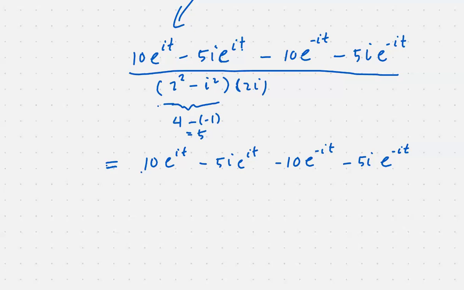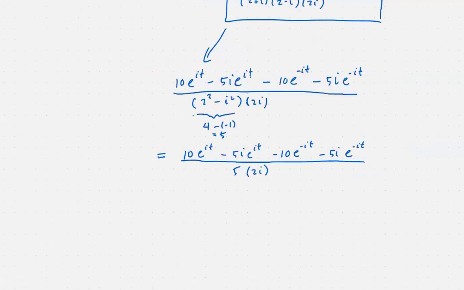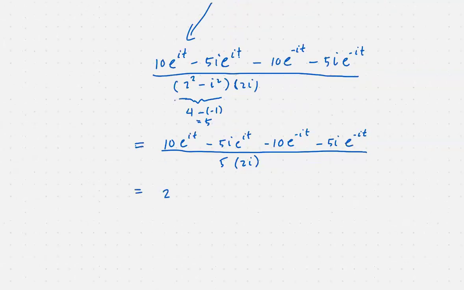Now, as you can see, we can divide everything in the numerator by 5 because all of those are multiples of 5. So we can simplify this as 2 e raised to it minus I e raised to it minus 2 e raised to negative it minus I e raised to negative it. Everything is divided by 2i.